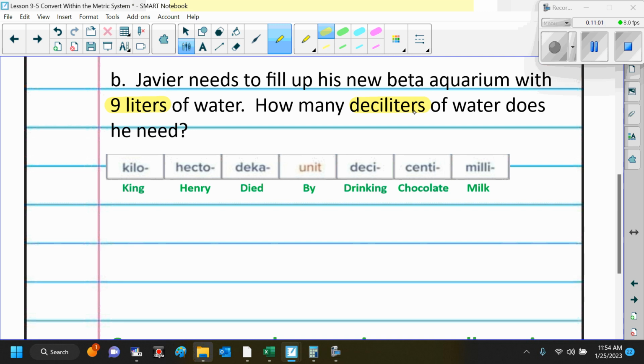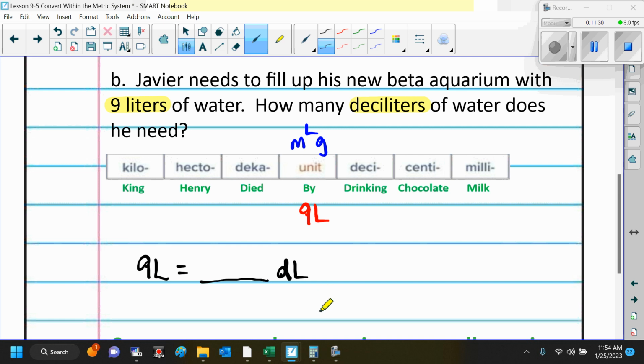Very good. Again, your base unit right here is meters, liters, or grams. So we've got 9 liters right here. We are changing from 9 liters, and I just write it down so I have some place to write my final answer, deciliters.